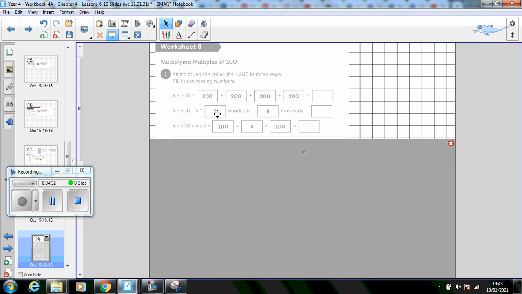Here we've got numbers with words. And here we've got numbers representing 3 numbers multiplied together being the same as these 2 numbers multiplied together. What do they all equal? Pause the video now while you have a look at the worksheet and then come back for the answers.